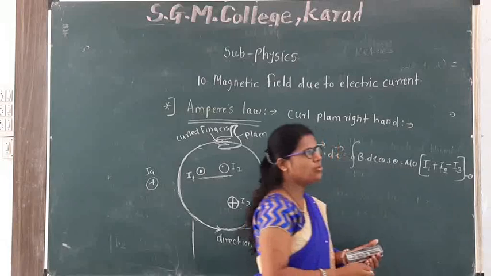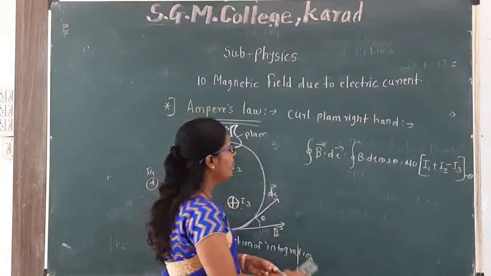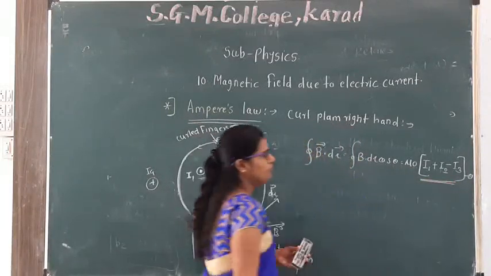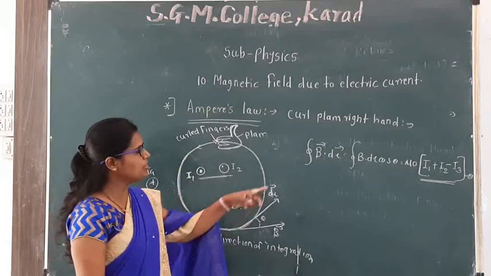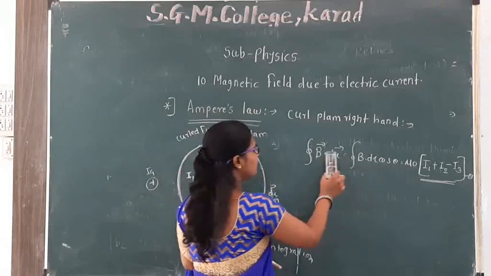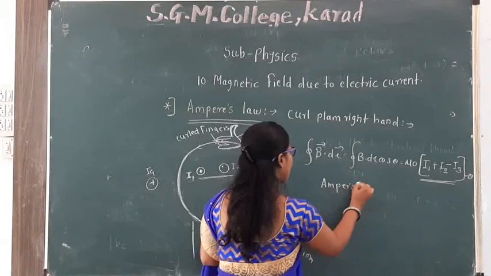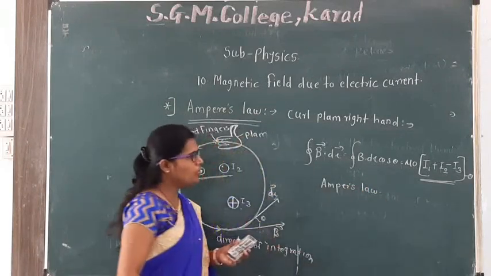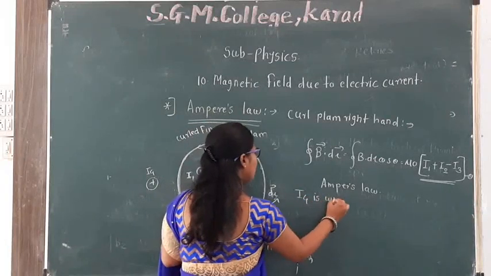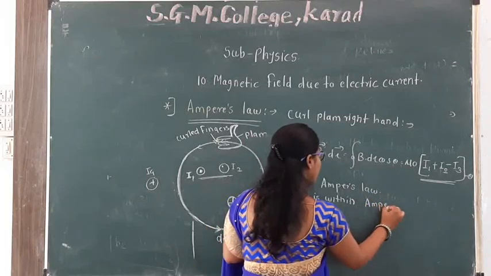This equation is also used for Ampere's circuital law. By this equation we can calculate the distribution of current. There are different currents used here, I1, I2, I3. For the distribution of current we can use Ampere's law. Now I4 is outside the Amperian loop.